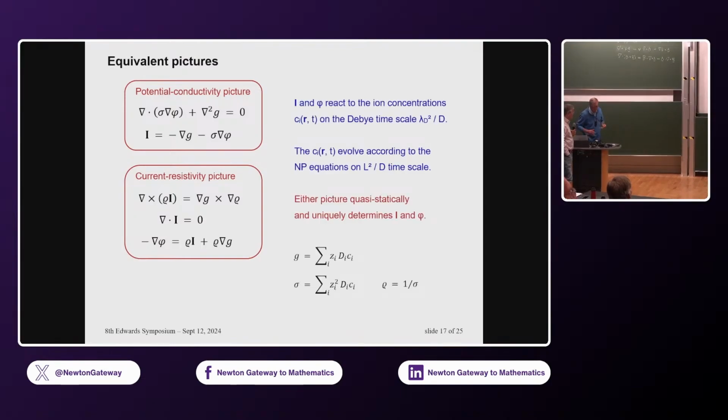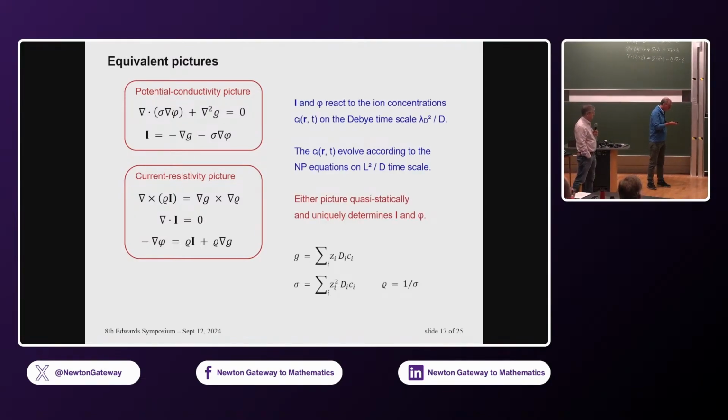So these are the 2 equation sets, and they're essentially equivalent. In this one, you want to specify the ion currents to vanish, so n dot I equals 0 at the surface, which amounts to specifying a gradient of phi. And this equation looks very similar to electrostatics in a medium with spatially varying dielectric permittivity, so you can prove uniqueness from that.